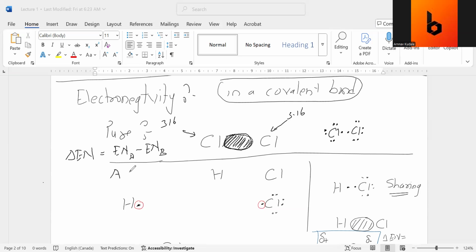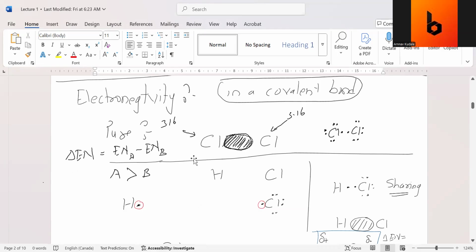A is always the atom which has greater electronegativity than B.